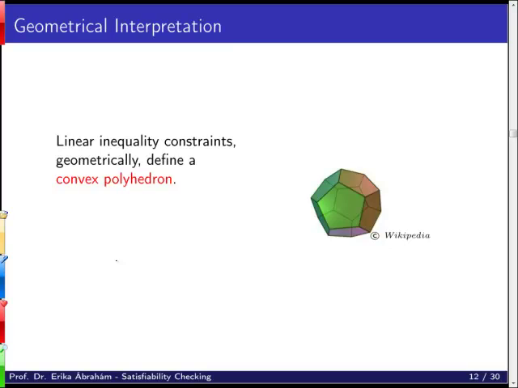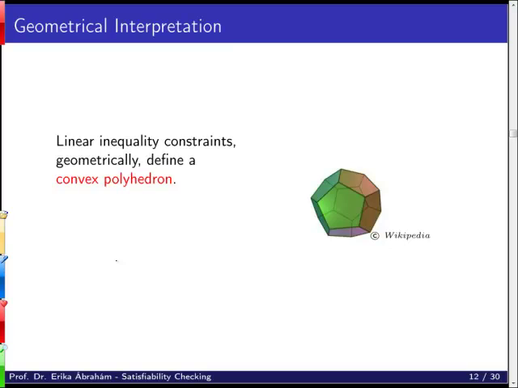So it is the case that linear inequality constraints, geometrically seen, always define convex polyhedra. A polyhedron is called the intersection of half spaces, and if it is bounded, then we call it a polytope. And the general idea of simplex is basically that in the first phase, we search for one of the vertices of this polyhedron or polytope.